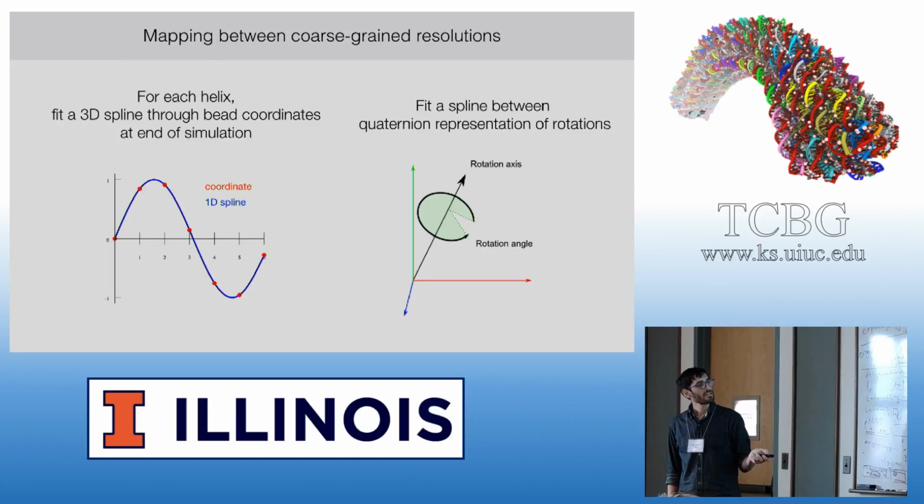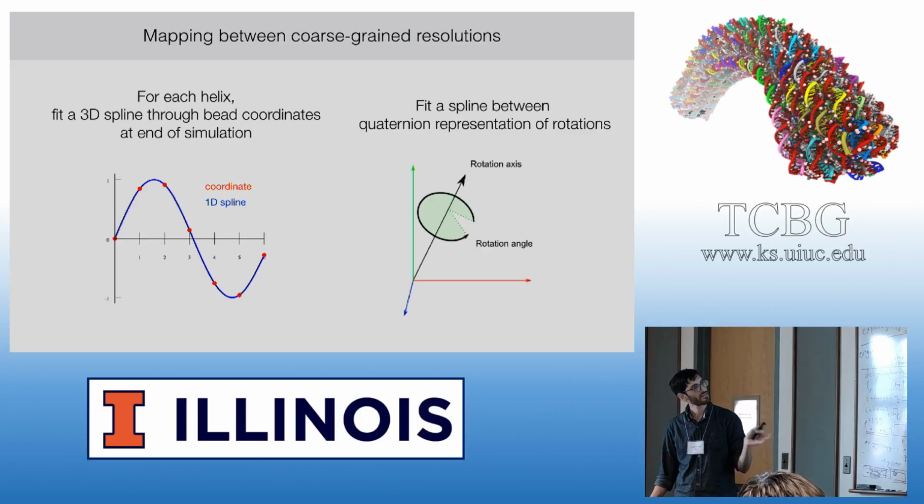And in addition, we use a quaternion representation of the orientation, which, if you're unfamiliar with this, is sort of like a vector that represents the orientation of the object. And the nice thing about quaternions is that you can interpolate between them in a really natural way, which you can't do with rotation matrices. So that's how we're able to map between different resolutions.